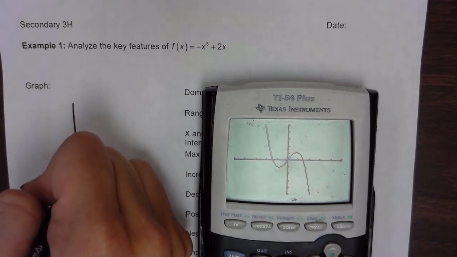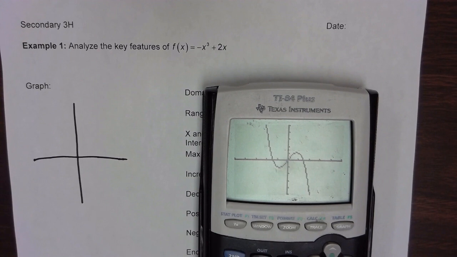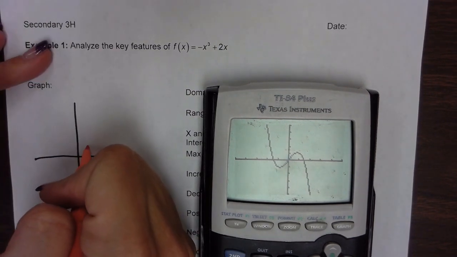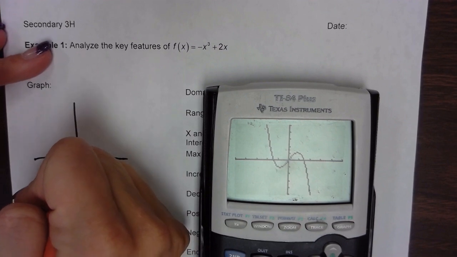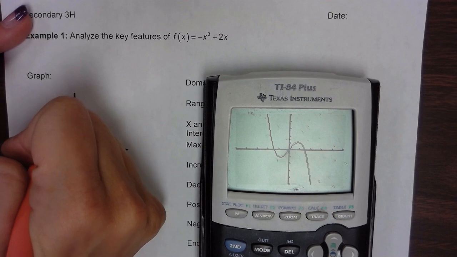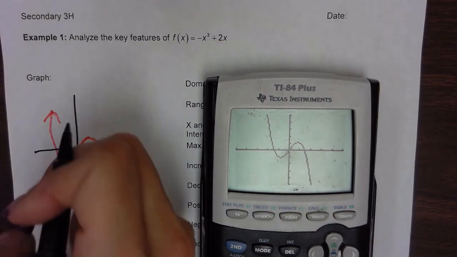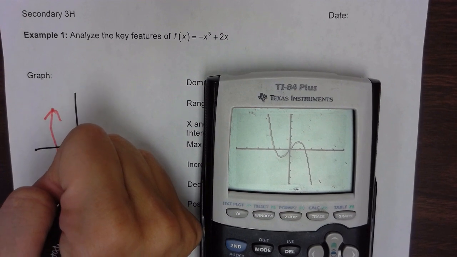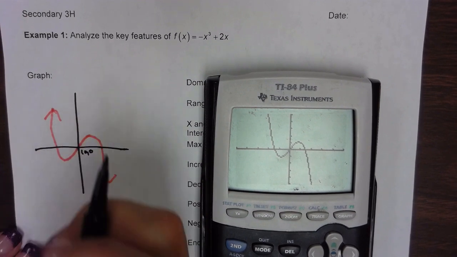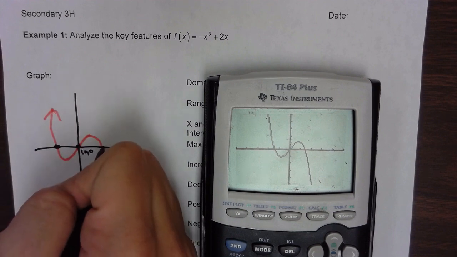So the first thing I'm going to have you do is just sketch out this graph. So it looks like we're crossing here and we're dipping up. And then what we're going to do is find all these points on the graph. So of course this is at 0, 0. We want to find all these x-intercepts here.